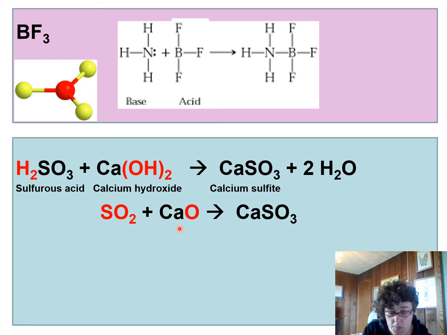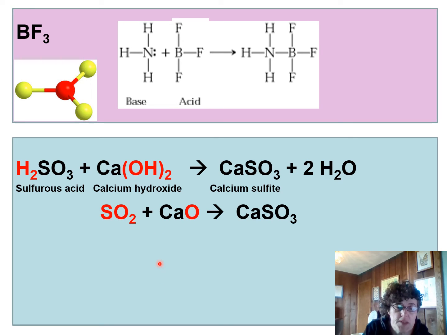At that time I probably told you also that non-metallic oxides are acidic in nature and metallic oxides are basic in nature, and in fact if you add water to SO2 you get this acid. That's a hydroxy acid, and if you take CaO and you add water you get the hydroxide.